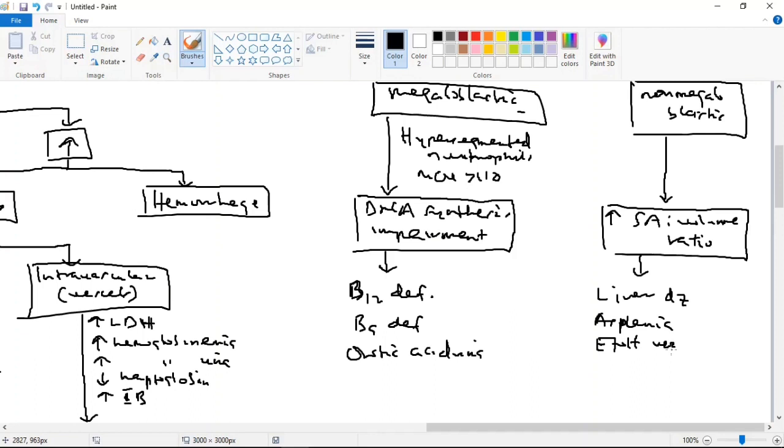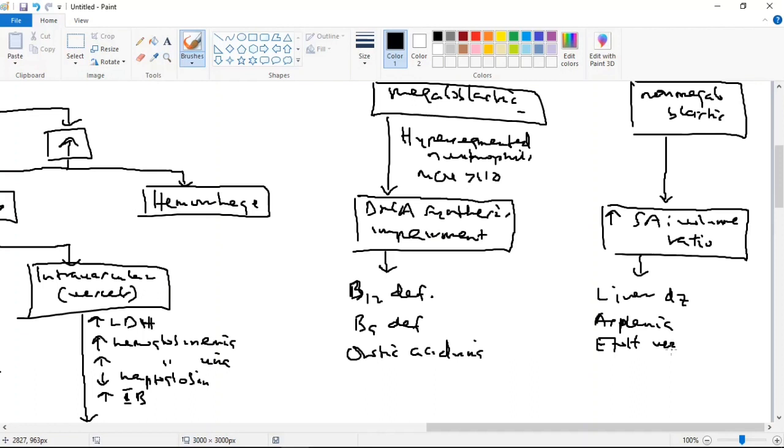So in B12 deficiency, methylmalonyl-CoA mutase is not working well. Methylmalonyl-CoA will accumulate and become methylmalonic acid. So you're going to see methylmalonic acidemia and aciduria in a patient with B12 deficiency, but you are not going to see that in folate deficiency.